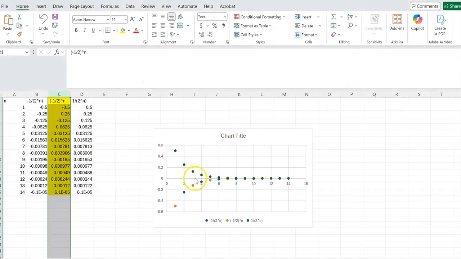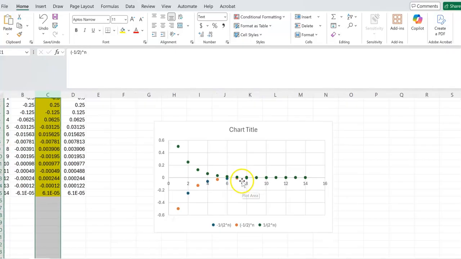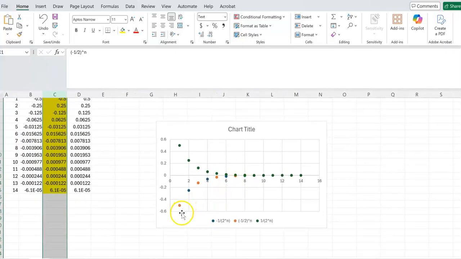You can see how my values are bouncing back and forth there. And so when I plot everything, I've got this blue sequence of those negative values. And then I've got this sequence that's bouncing back and forth. And then that green is the positive.